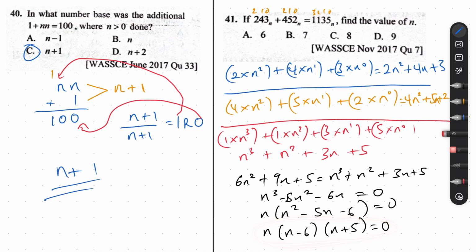Now we just need to equate each factor to 0. So that means our values are n equals what? 6, n equals -1, and n equals what? 0. Cool. So now we know that our base can only be positive. So that means our answer is what? N equals 6. So our answer is n equals 6.